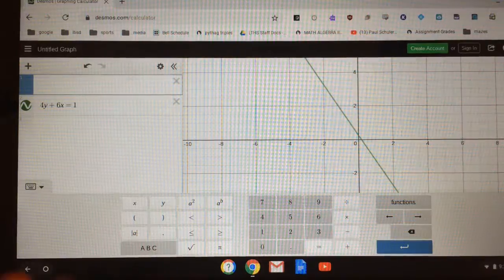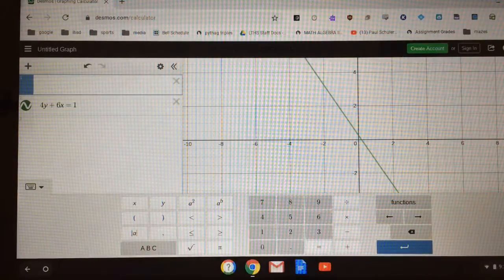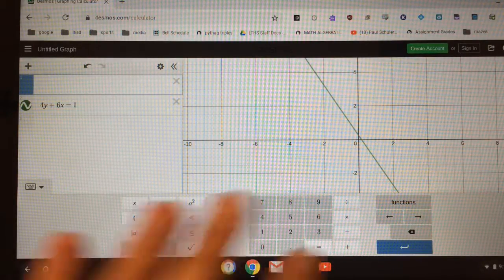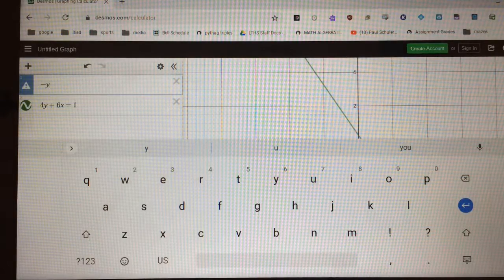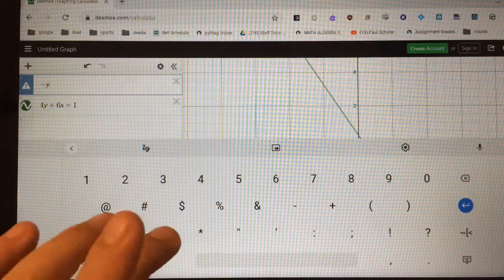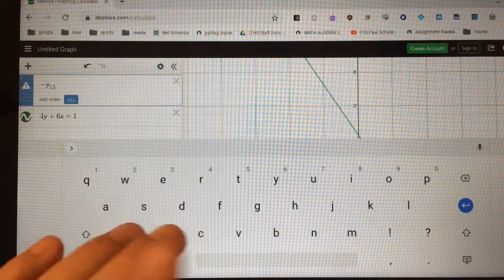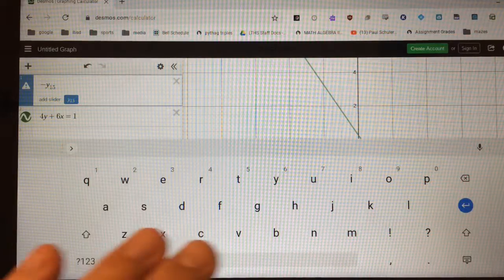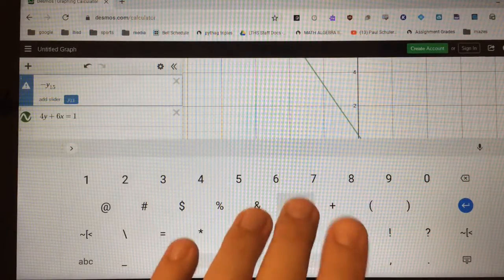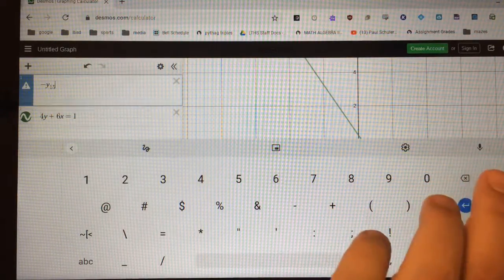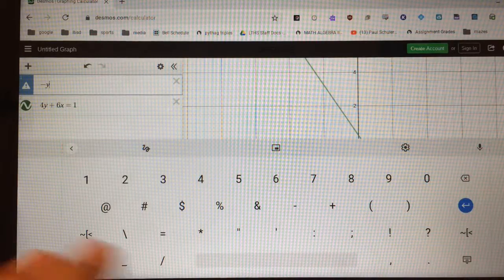All right, so negative y. Oh, all of a sudden, everything changed here. Negative y equals 15 minus 2x. What are you thinking here? Direct variation or no? Oh, wait, what happened here? I really messed something up.